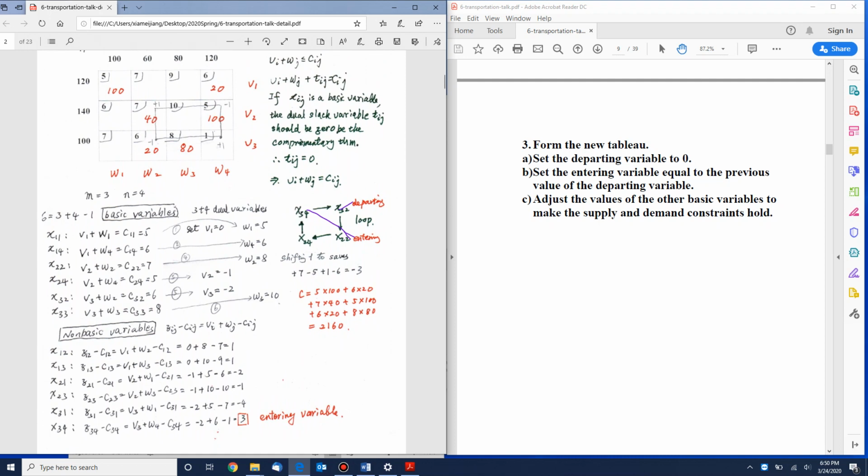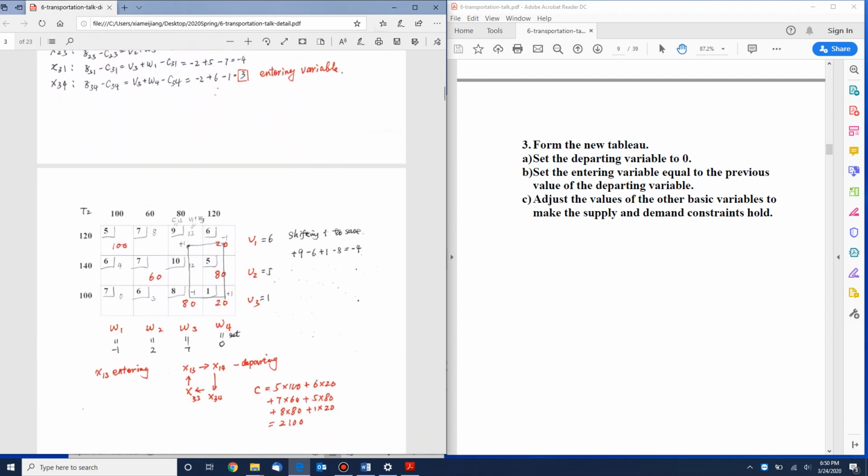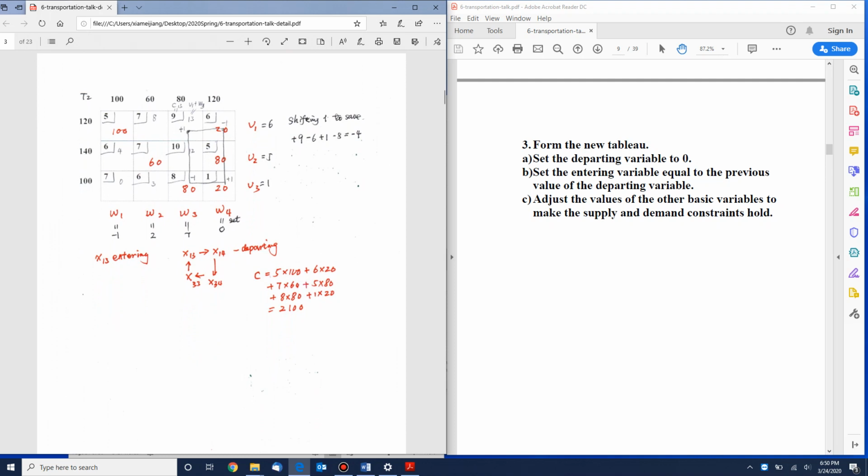We needed to solve 6 equations, setting one dual variable equal to 0, and then calculate the non-basic variables with zij minus cij, right? A lot to write down. Actually, you could see that when we built up a new tableau, it's quite clear. Not so many calculations there, right?